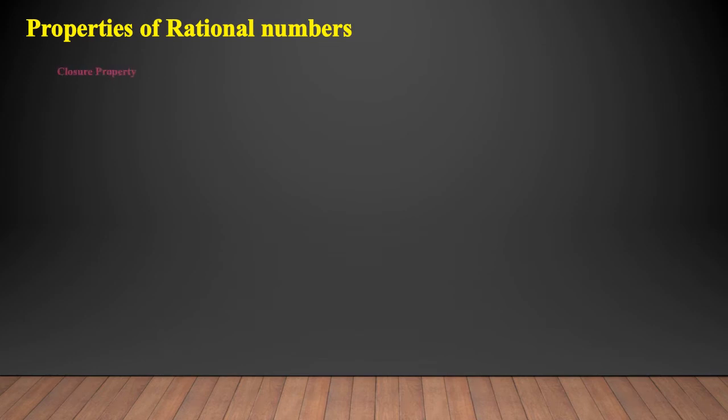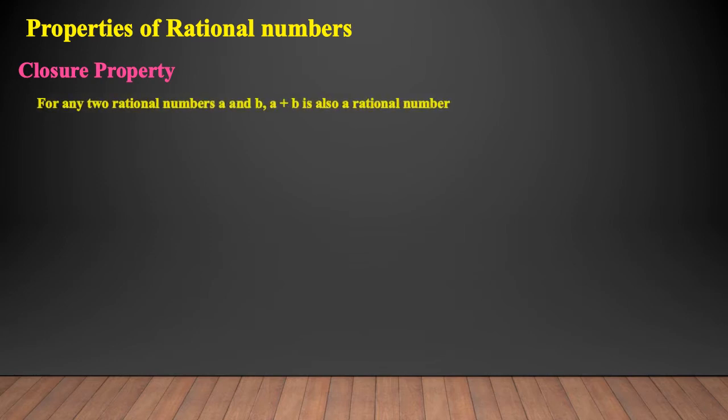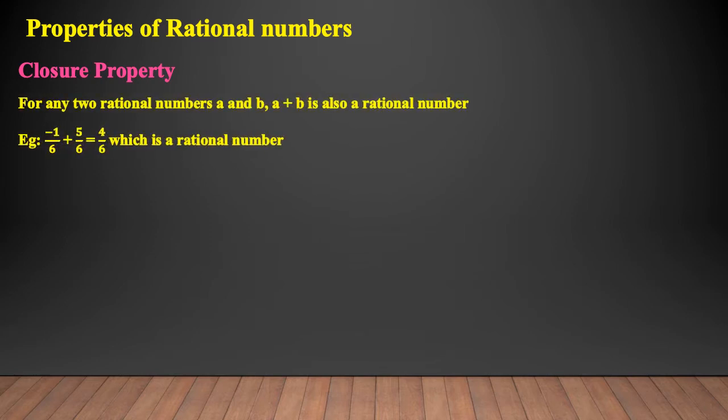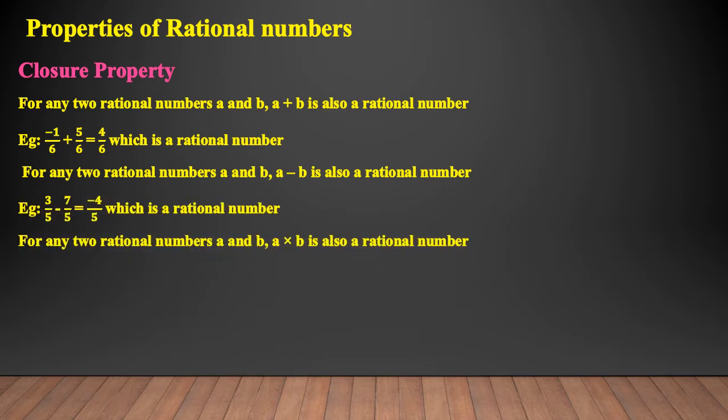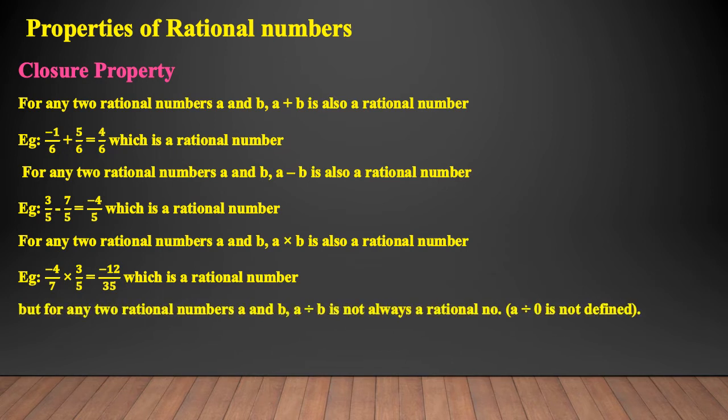Now let us learn more about the properties of rational numbers. First, the closure property. When we add any two rational numbers, the sum is also a rational number. When we subtract a rational number from another rational number, the difference is also a rational number. And the product of any two rational numbers is also a rational number.